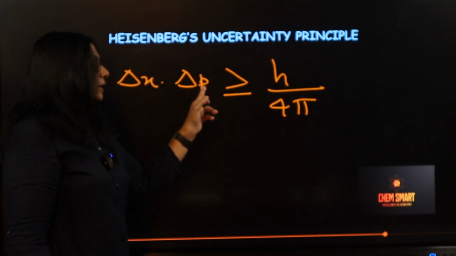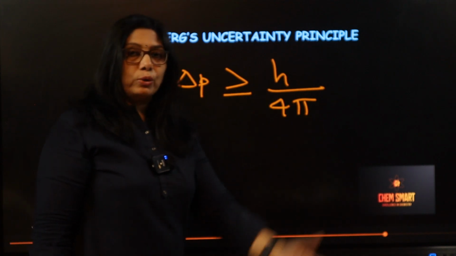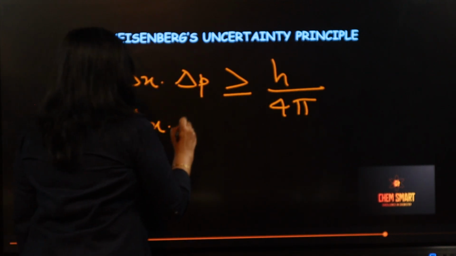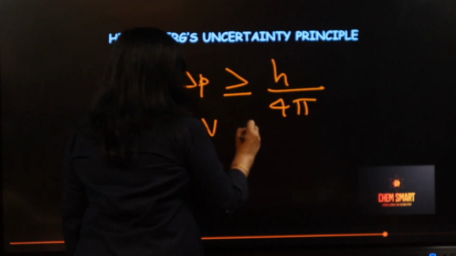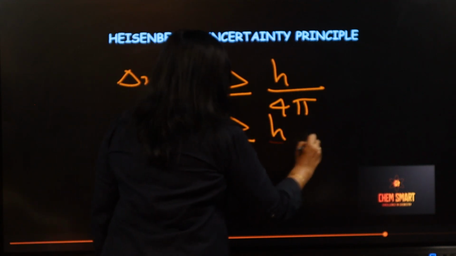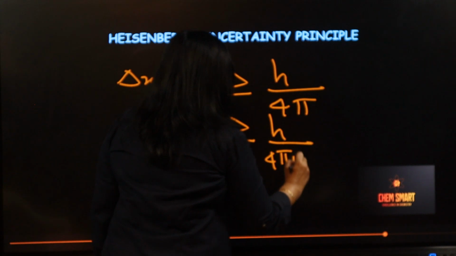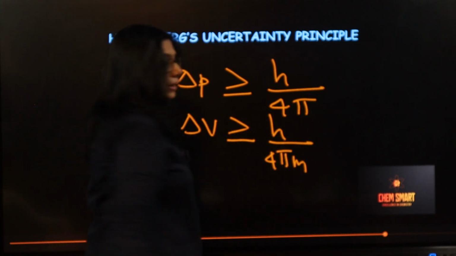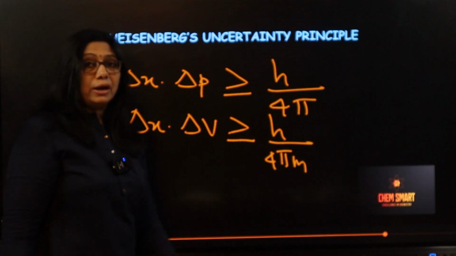And then p, momentum, is mass into velocity. When you substitute that, you'll be getting delta x into delta v is greater than or equal to h by 4 pi m. This will be m into v, so when you take it as delta v, this m will go there. So this is the modified formula.